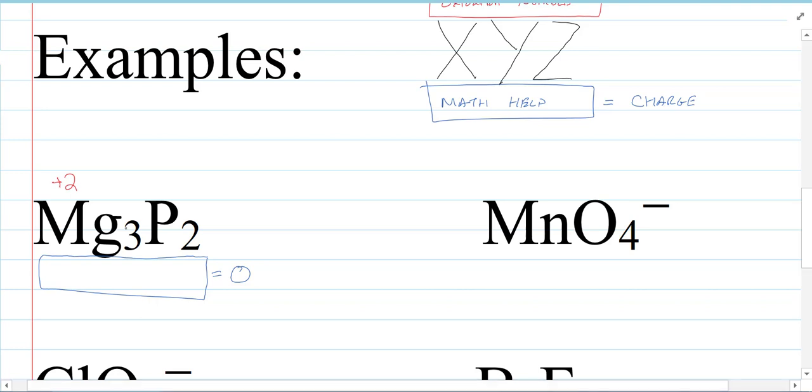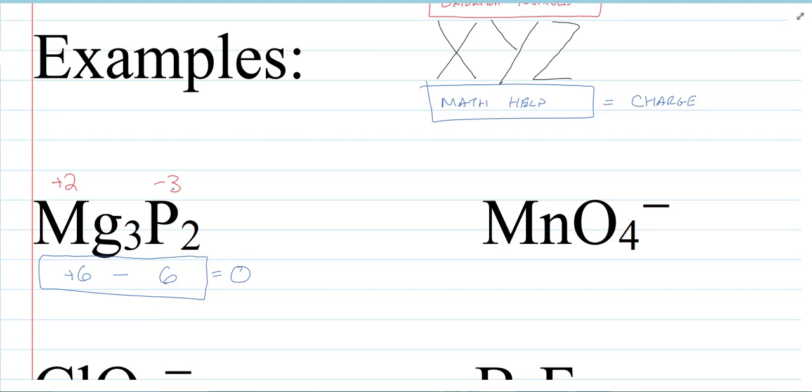And there are 3 magnesiums, so that means it's a +6 here underneath magnesium for my math help. Well, what number has to go here? +6 minus what equals 0? Well, it has to be a -6. And since there are 2 phosphoruses at -6, each phosphorus is -3 for phosphide. And we knew that, right? We know phosphorus is -3, magnesium is +2.